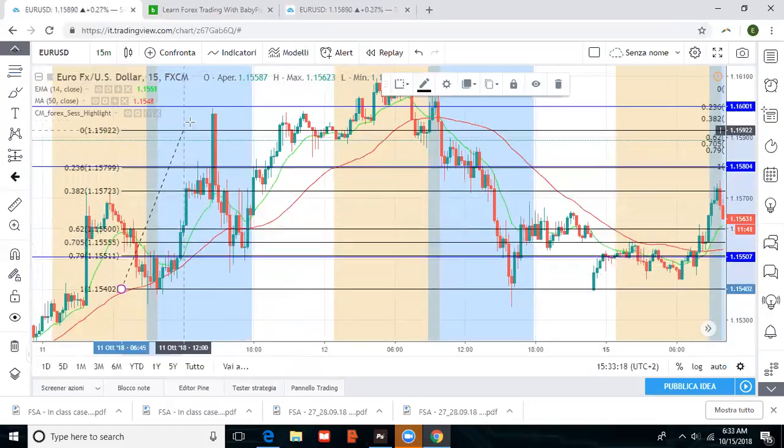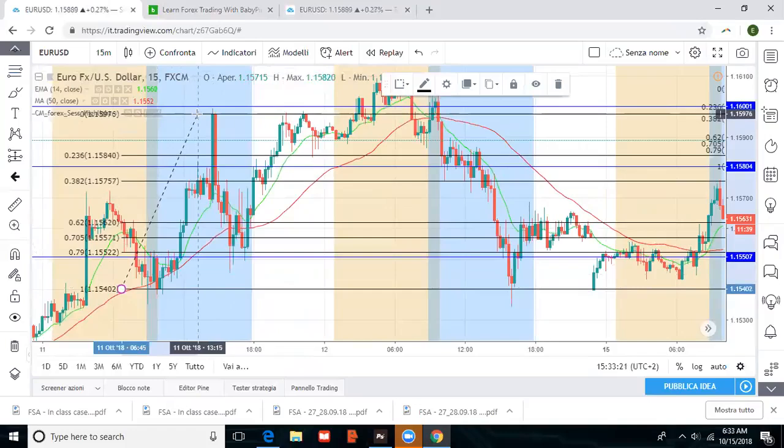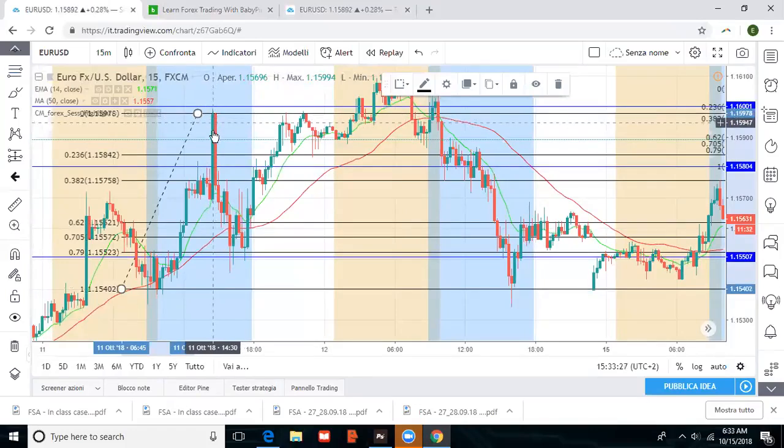So I moved the Fibonacci levels to the top, waited, it went back down, and I entered my first trade at the 62 level, you see 62, entered here.